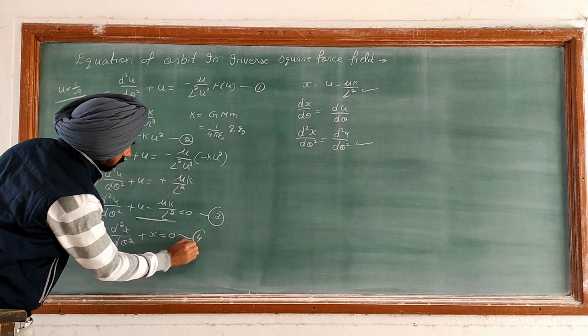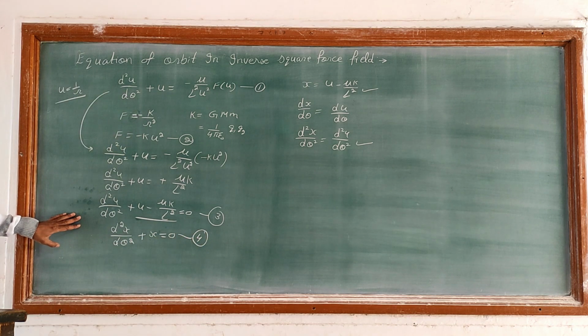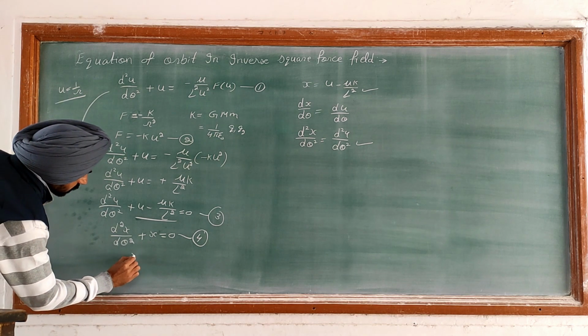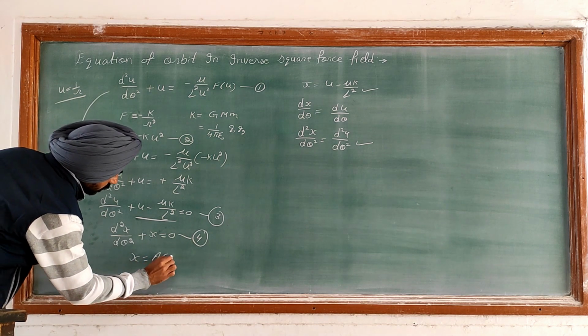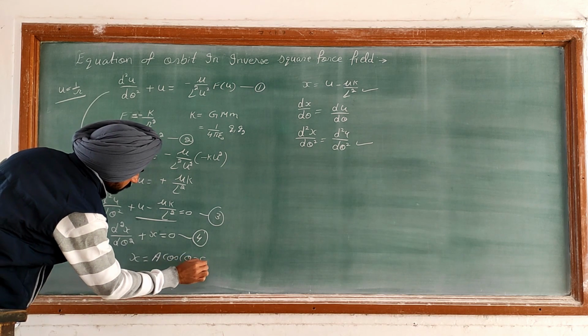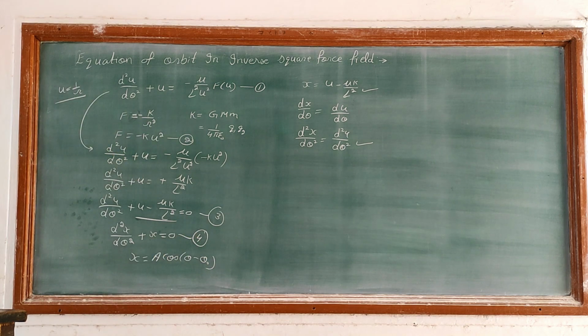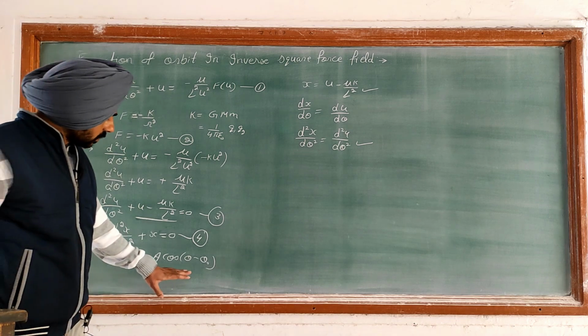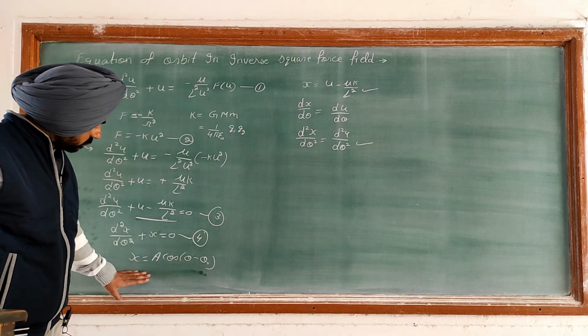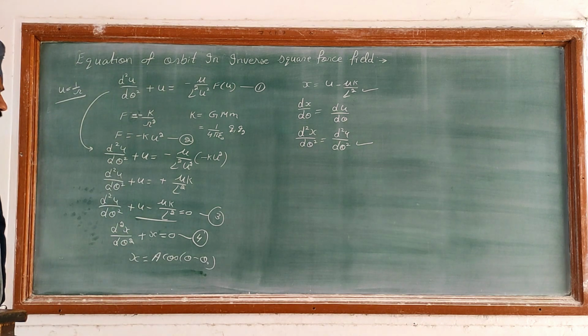So this is a simple mathematical differential equation, d square x upon d theta square plus x equal to 0, and the general solution of this expression is x equal to a cos of theta minus theta naught. Why I consider theta minus theta naught we will discuss later, but at present please consider it as x equal to a cos of theta minus theta naught.